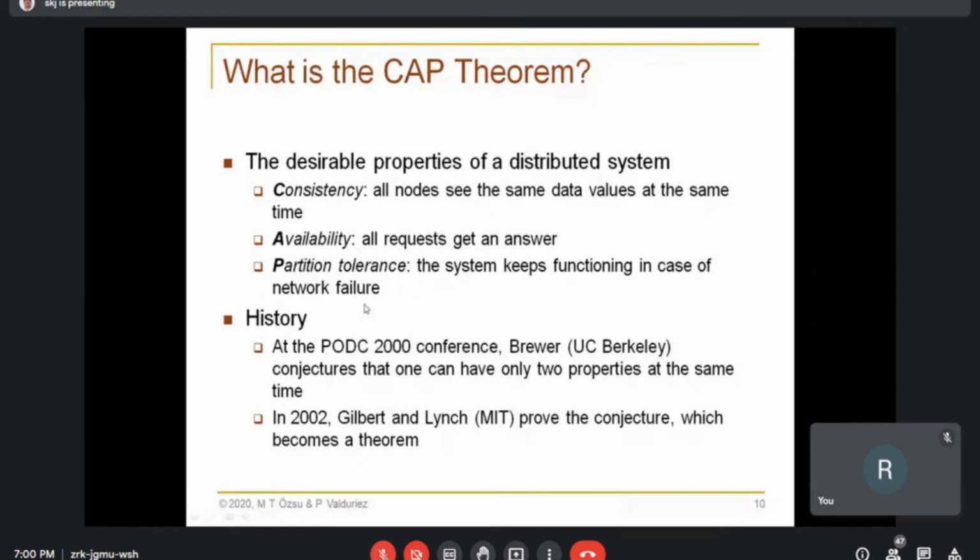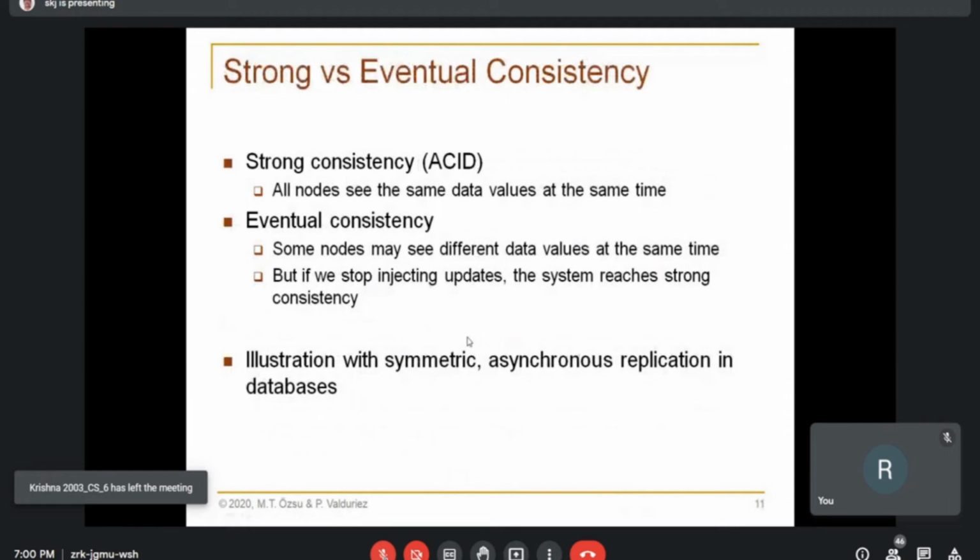This is some historical paper and argument, so we are leaving these two. Then the concept of strong versus eventual consistency. Strong consistency says all nodes see the same data values at the same time. One more new term is eventual consistency.